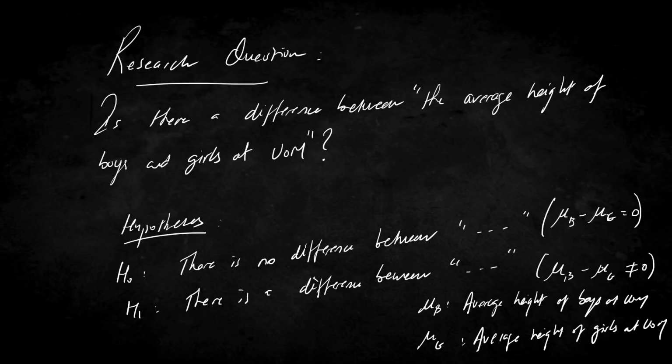Here we're saying there's no difference. So mu b is equal to mu g, or mu b, the mean height of boys at UM, minus the mean height of girls at UM is equal to 0. No difference. And here we're saying that there is a difference, mu b minus mu g not equal to 0.